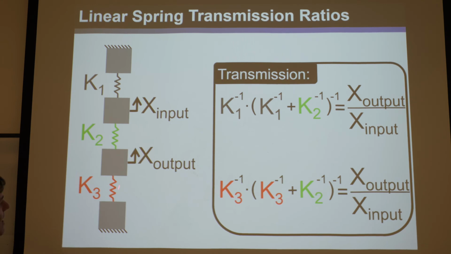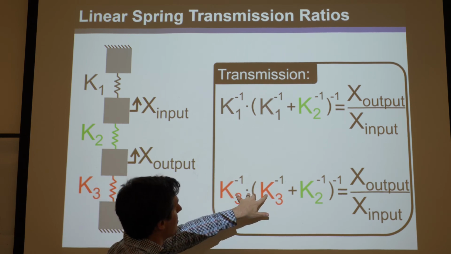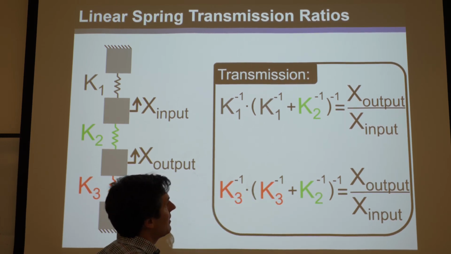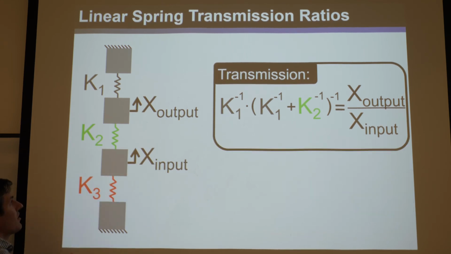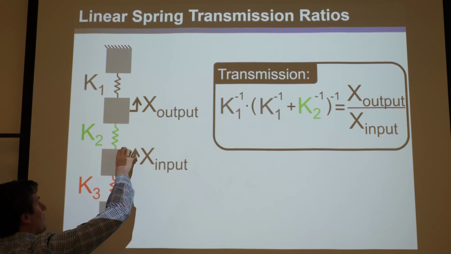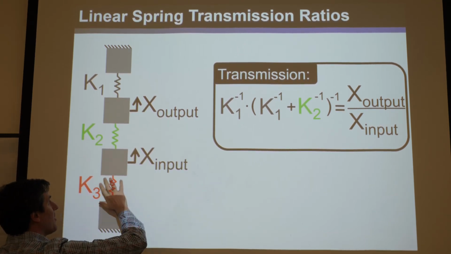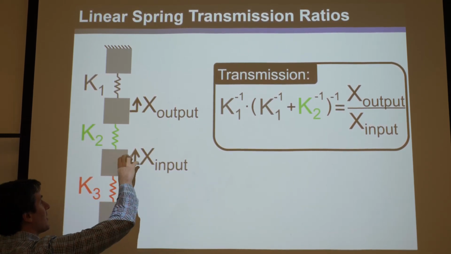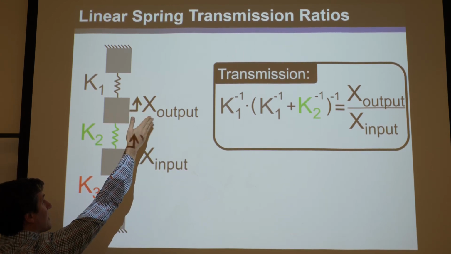But what if I swapped these so that this was the input and that was the output? Well, now I do all the exact same proof, except check it out. Instead of K1, it's K3 here, all inverted. So it's very different, and it kind of makes sense. Before, if this is the input and I force it with a displacement, it's as if the spring isn't even here. It's not a function of it at all. Whatever that spring is, I can just get rid of it, and it wouldn't change the calculation of the output.